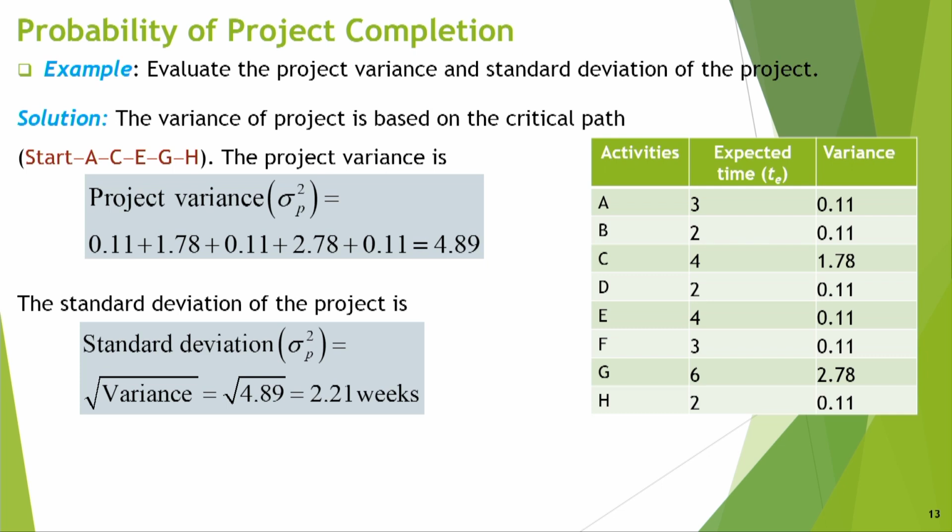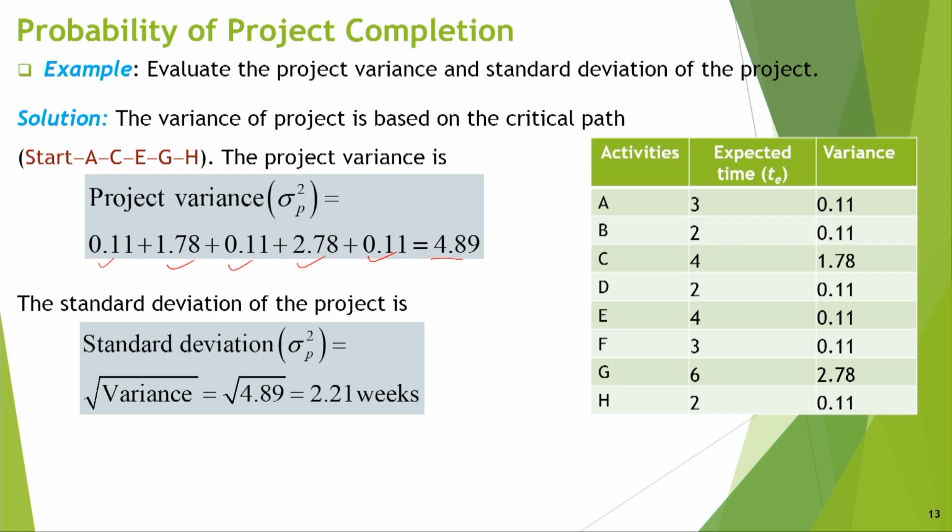The project variance is indicated by sigma p square, and that is the variance of A 0.11, variance of C 1.78, variance of E, and then variance of G is 2.78, this is 0.11, and this is equal to 4.89.